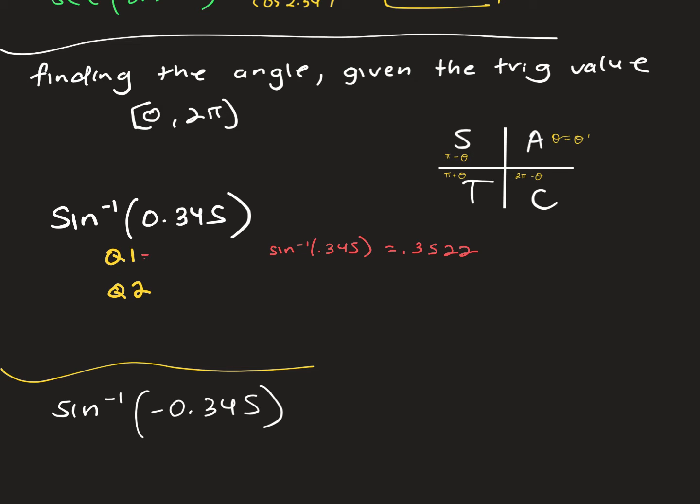Because quadrant 1 is already where sine is positive, that's one of my answers, and I leave it alone. It's also positive in quadrant 2, and in quadrant 2, we do pi minus that value. So I'm going to do pi minus 0.3522, and I get 2.7894. So those two angles in radians are where my sine is 0.345.